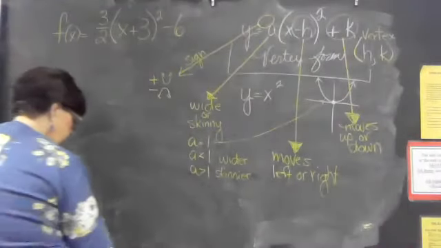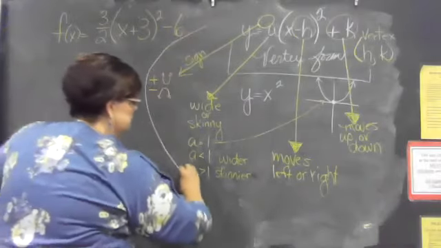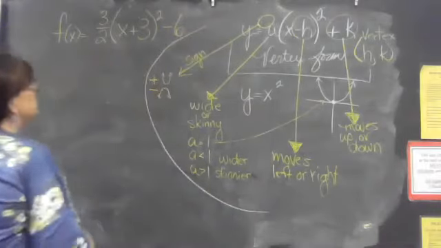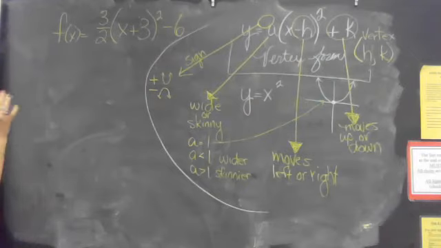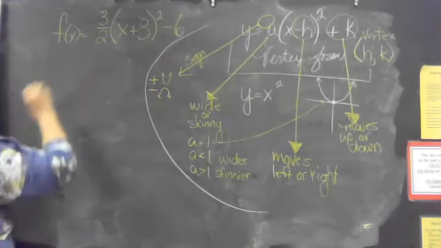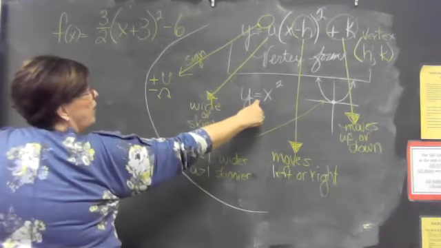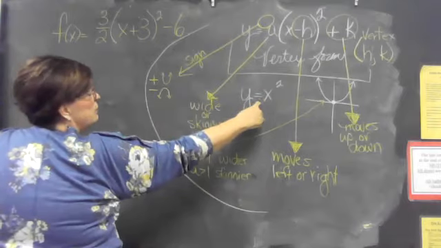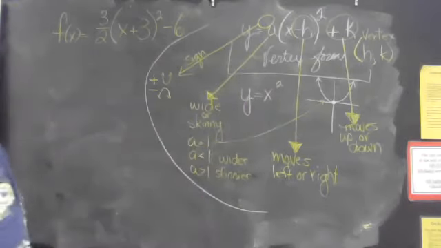I'm going to leave that up for a little bit. Okay, so we're going to use it on this. Now, what we do, and I'll show you on here in a minute, is look through and see what all things are added to y equals x squared, because y equals x squared is where the very first part is.